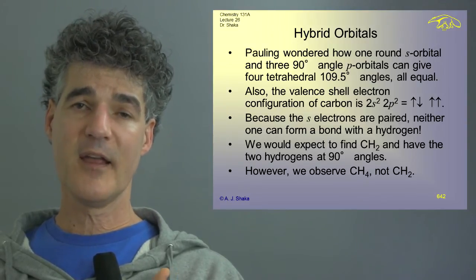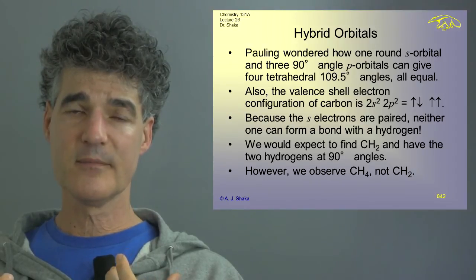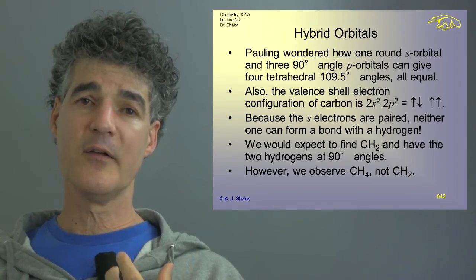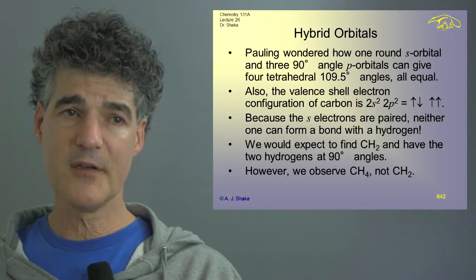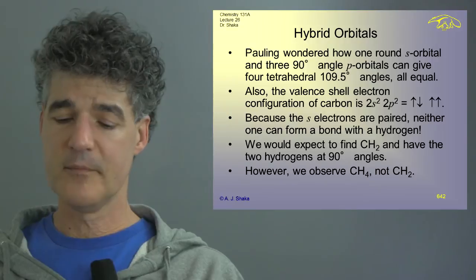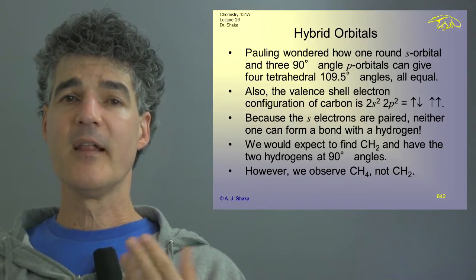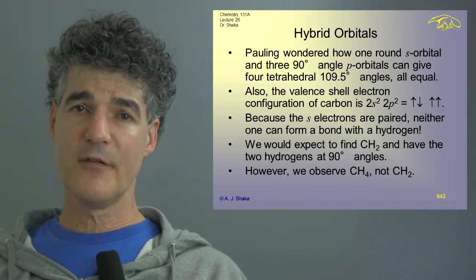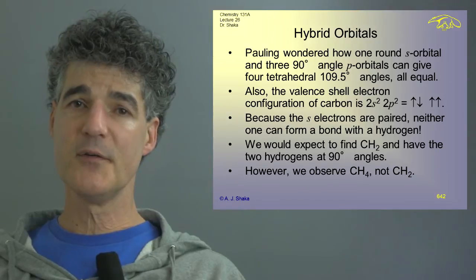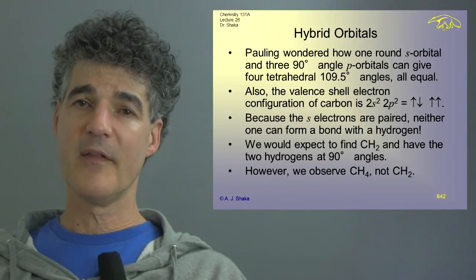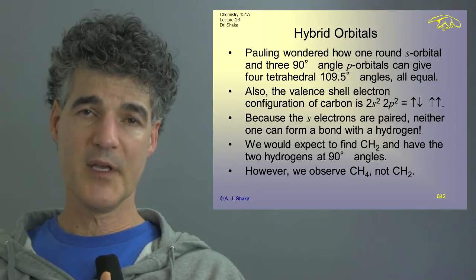And in methane, the bond distances are all identical, and the bond angles, HCH, are all 109.5 degrees, the tetrahedral angle. How can we do that? Well, let's look at the valence shell electron configuration of an isolated carbon atom. It's 2s2, 2p2.